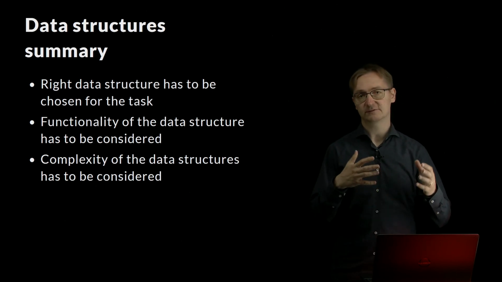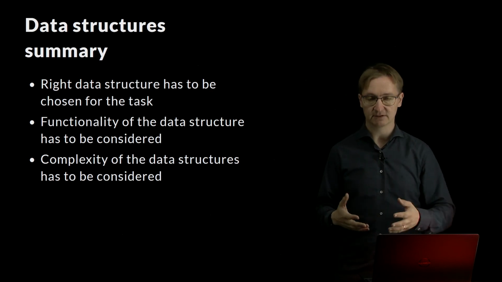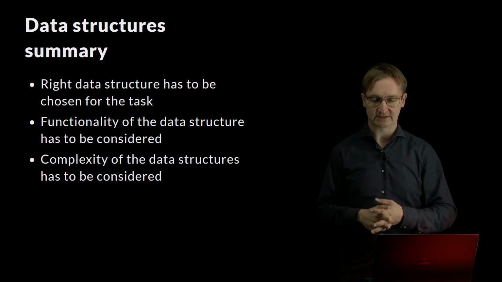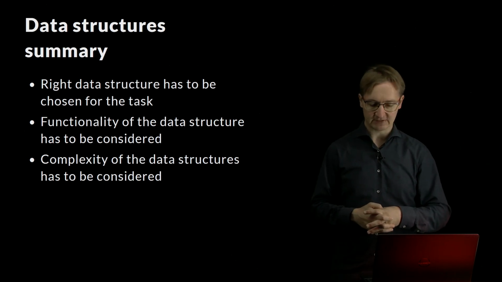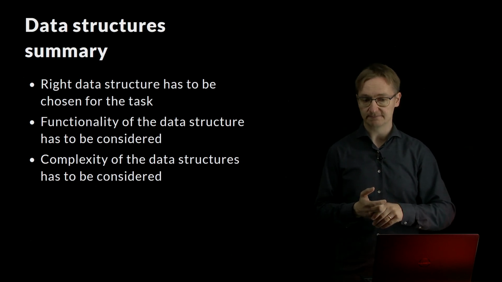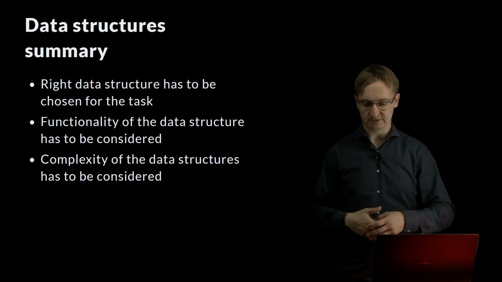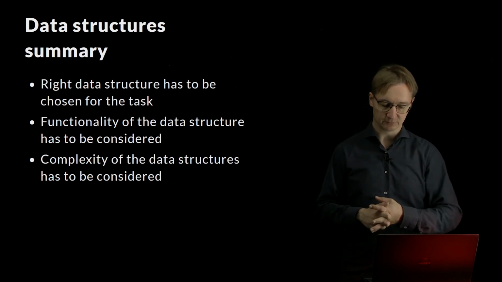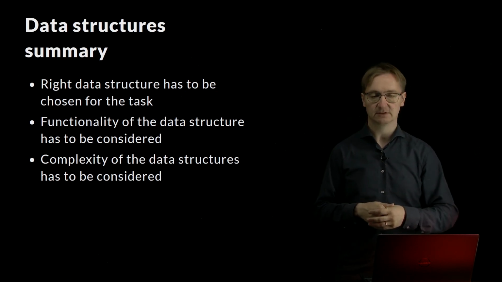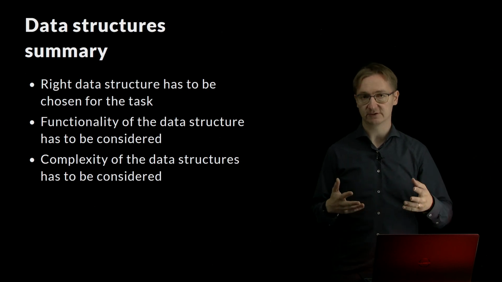There are, of course, different examples where, for example, a list is better or even has lower complexity than a set and so on. But you have to consider the functionality and the complexity. And based on those two, or maybe even other variables, you might want to choose a data structure for your task.